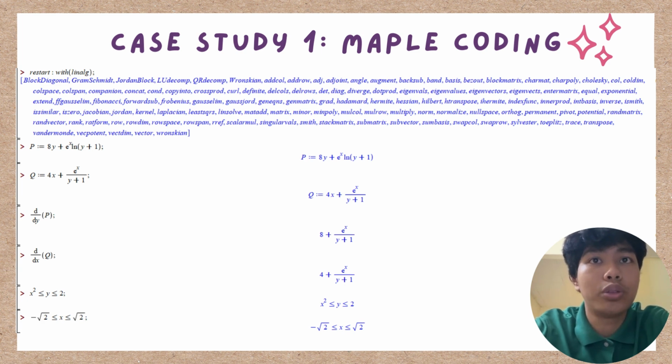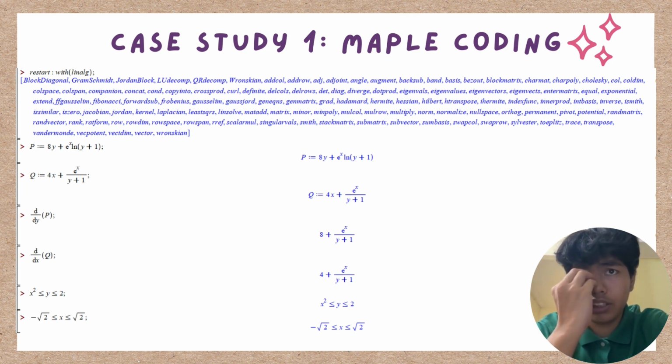Then we differentiate P with respect to y and Q with respect to x. Then we set the limits for the integral: for y, from x to the power of 2 to 2, and for x, from negative square root of 2 to square root of 2.